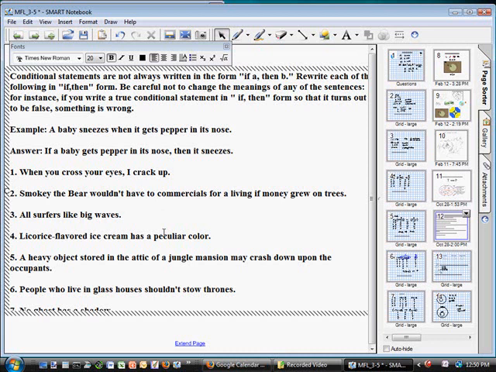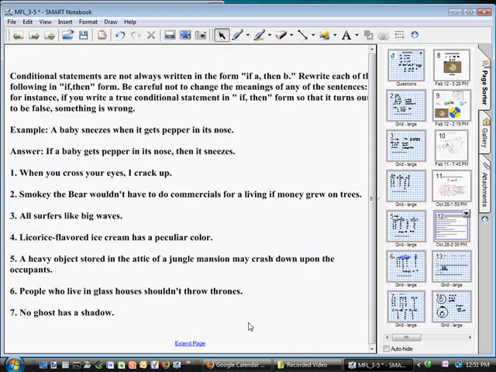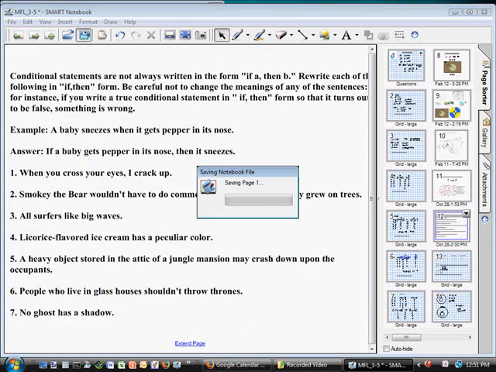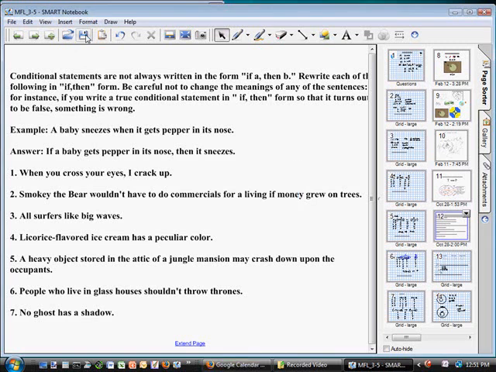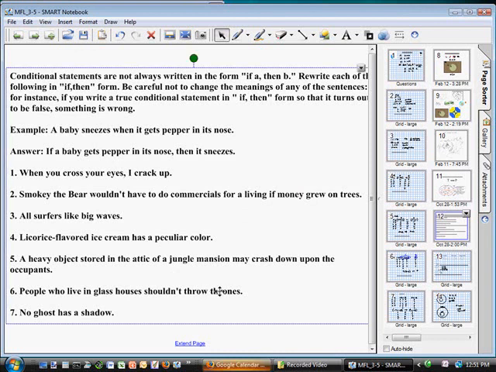Number 6 should say throw stones. There's some pretty funny errors there. Sorry about that. Thank you for the corrections. It still says throw stones. Oh, so I changed throw, but corrected it, yeah.